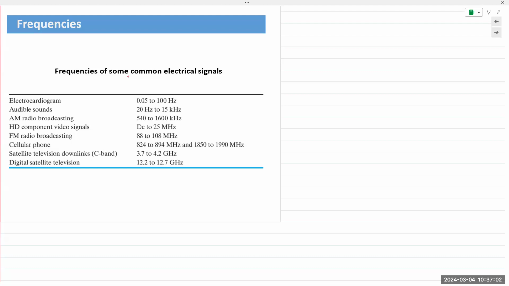The reason is because each wireless operator broadcasts their signal, meaning sends their signal in the air, at a particular frequency. And that frequency is a range of frequencies that is controlled by the government of each country. The government of each country has a regulatory authority.